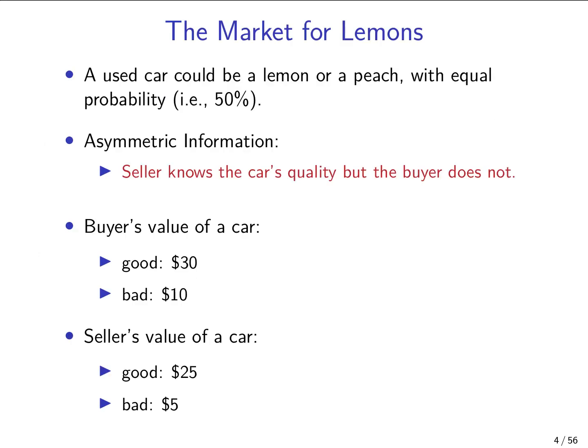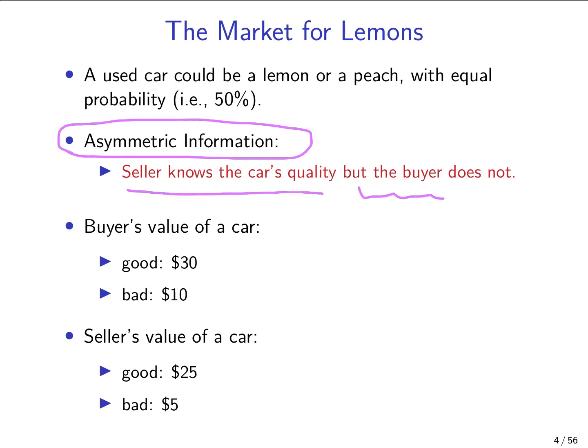The problem in this market is that there's information asymmetry. In particular, what it means is the seller knows the car's quality, but the buyer does not. The buyer and the seller, both of them know that 50% of the cars in the used car market are good used cars, and 50% of them are bad used cars.